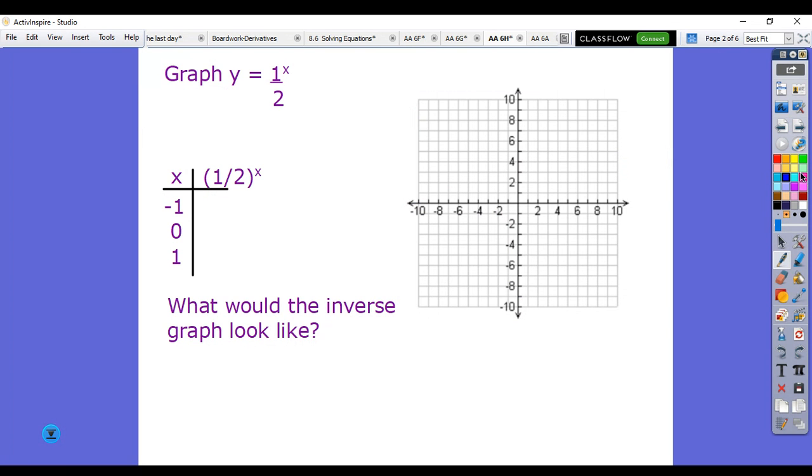Let's consider 1/2 to the x. All right, so if I plug -1 in, 1/2 to the -1 is 2. Anything to the 0 power is 1, and 1/2 to the first is 1/2. So think about how 1/2 to the x is the same thing as 2 to the -x.